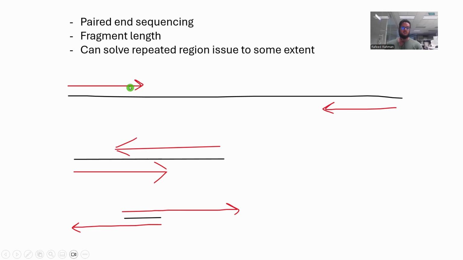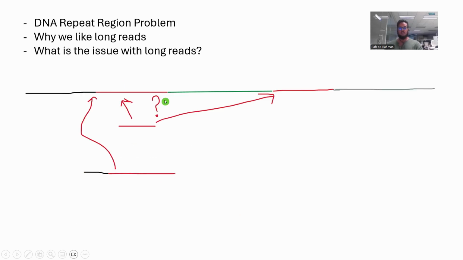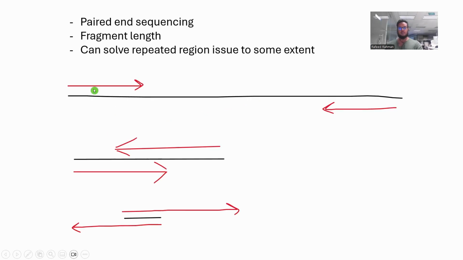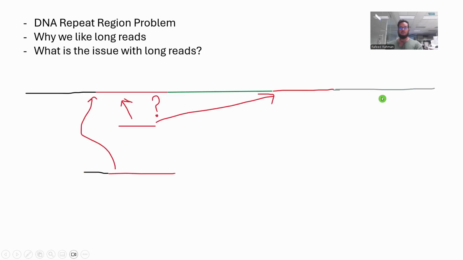Now, there is an issue with this single read because, as I said before, if you have these repeat regions and this read is not that long, then there is a trade-off. If you are doing longer reads, you are going to have a lot of sequencing error. But if you are doing shorter reads, your sequencing error will be much less, which is comforting. So if you do short reads like maybe 100 base pairs or 200 base pairs, then those reads will sometimes be hard to map because of these repeat regions.